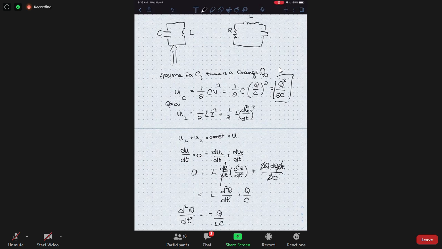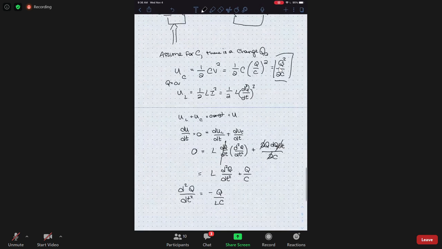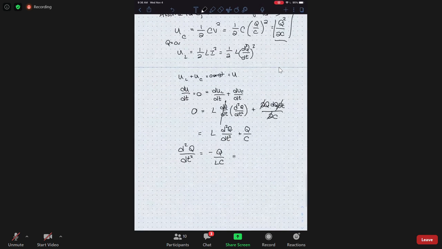I just moved the q to the other side, and then divided both sides by L. And I can call this minus omega naught squared q.